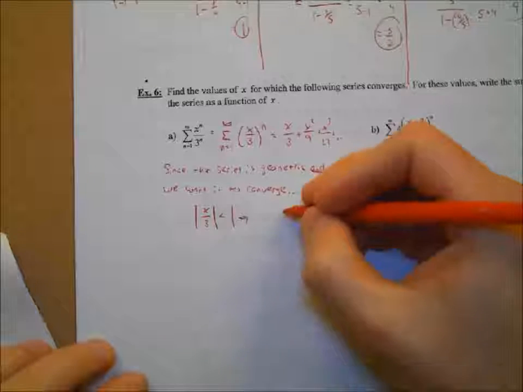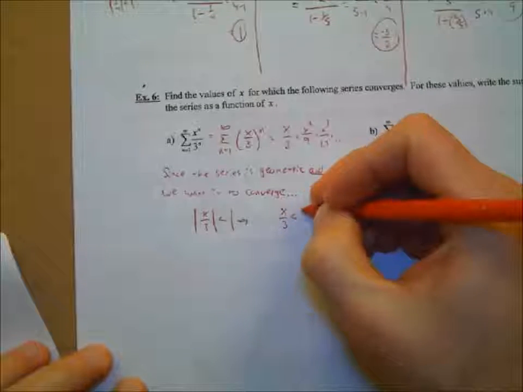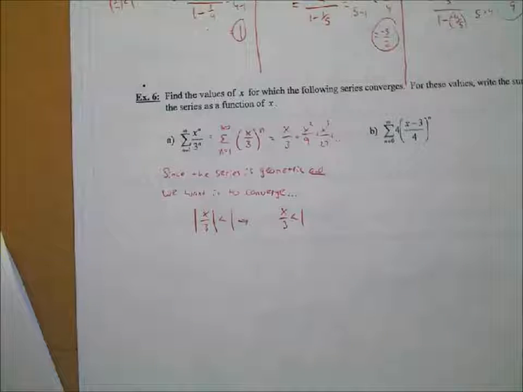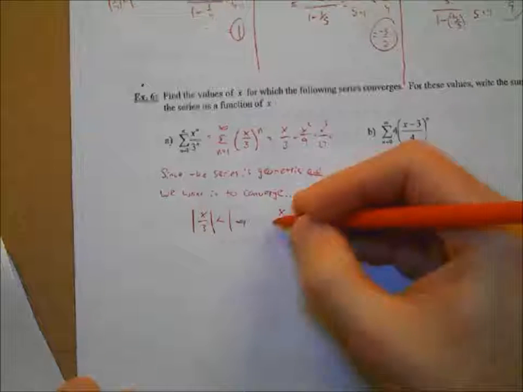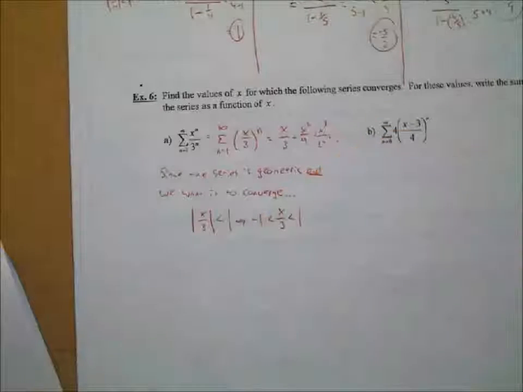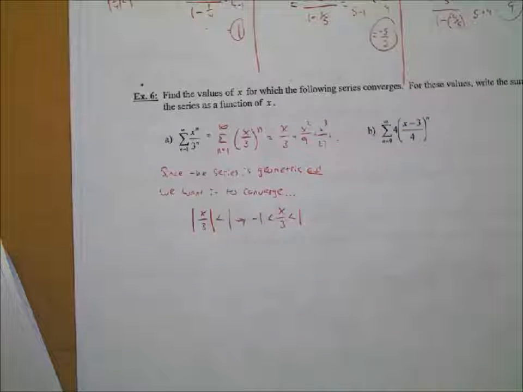That means we want that x over 3 to be less than 1, right? Because if we go beyond 1, that's further away from 0 than 1. But also 1 in the opposite direction from 0, which is negative 1. So we want x over 3 to also be greater than negative 1. And so that creates this compound inequality. Okay? Where that x over 3 is between the two values there. Okay?